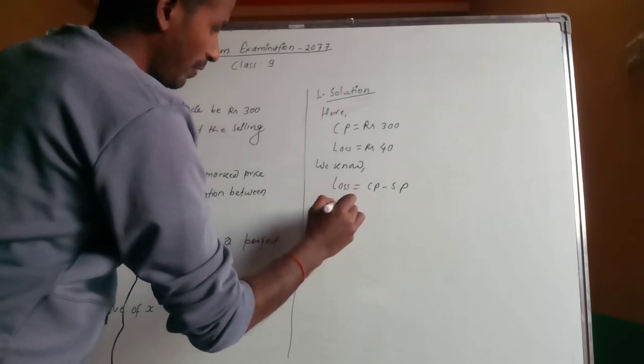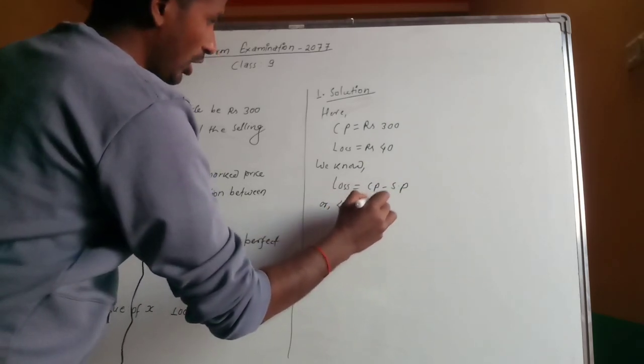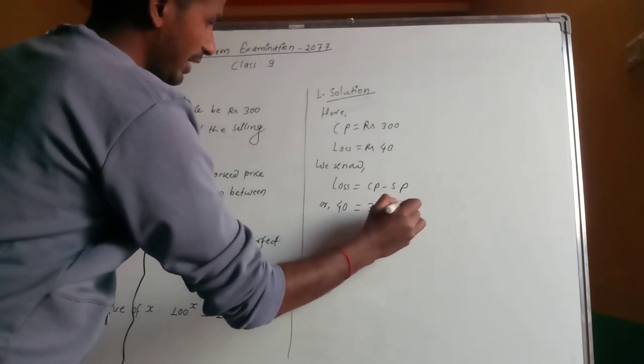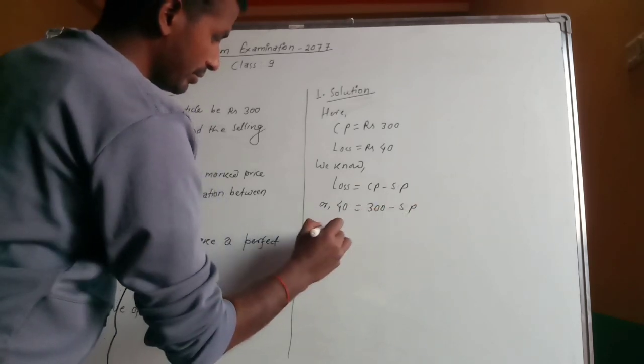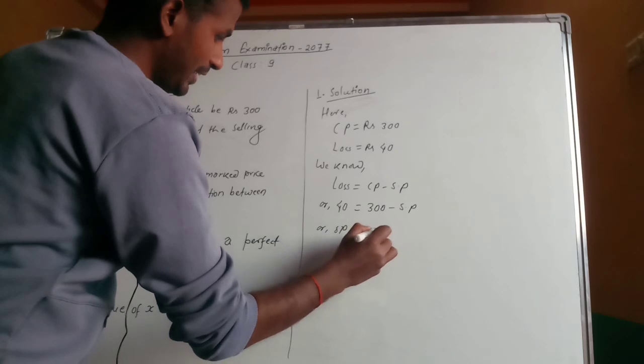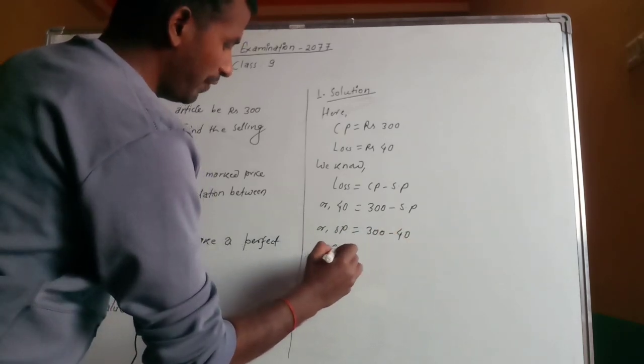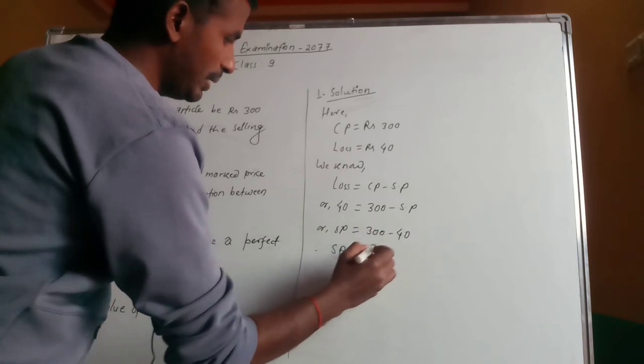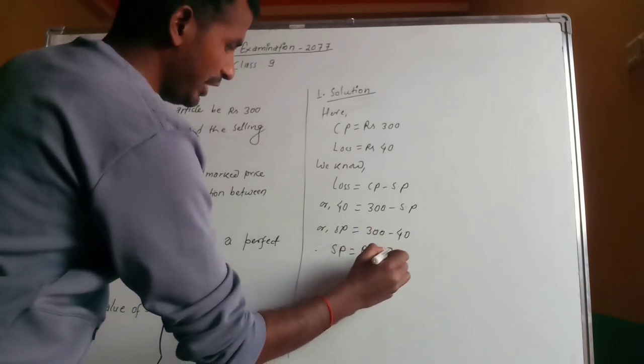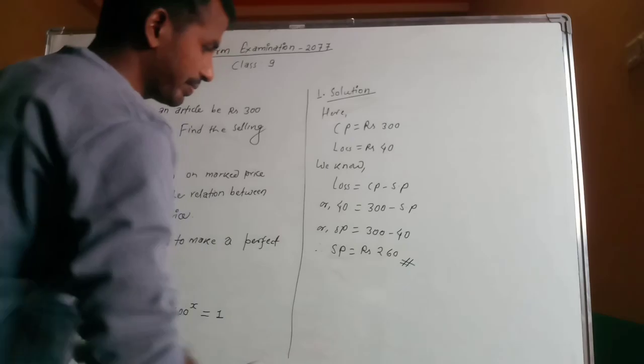Replace the value of loss, which is 40, equals CP 300 minus SP, or SP equals 300 minus 40. Therefore, the value of SP equals 300 minus 40, which is Rs 260.